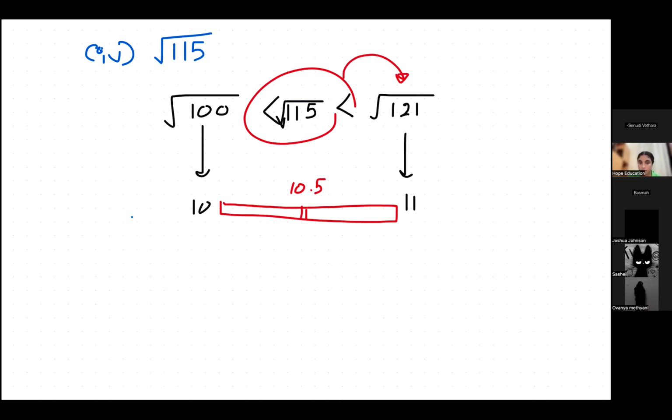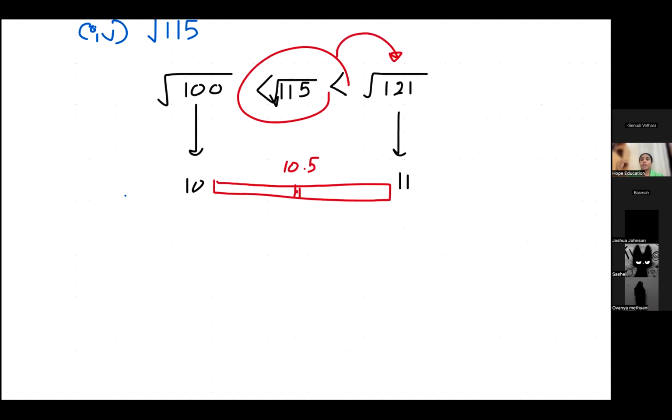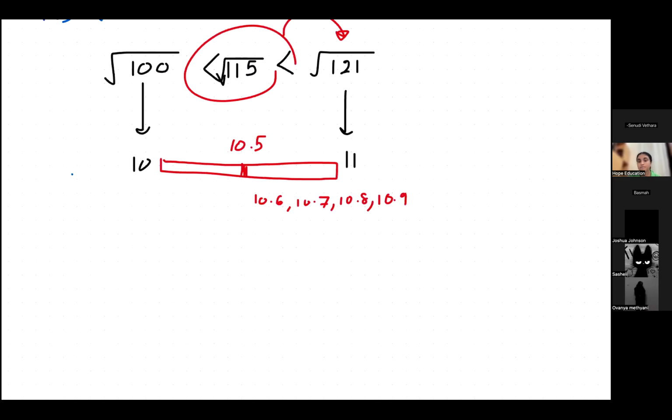So if 115 is closer to 121, the square root of 115 should be closer to the square root of 121, which is 11. So here 10.6, 10.7, 10.8, and 10.9. We will try each and every one and see which one is the first approximation. Let's see 10.6.